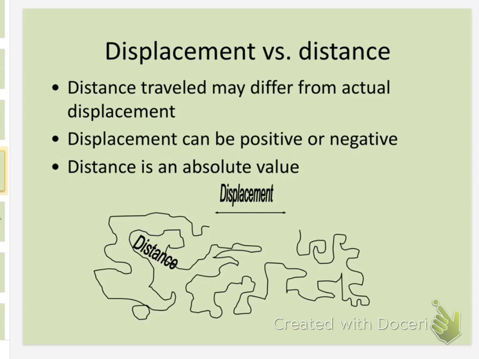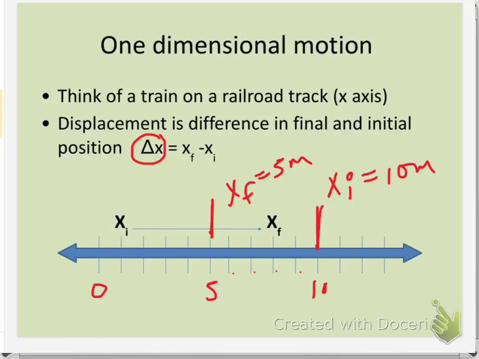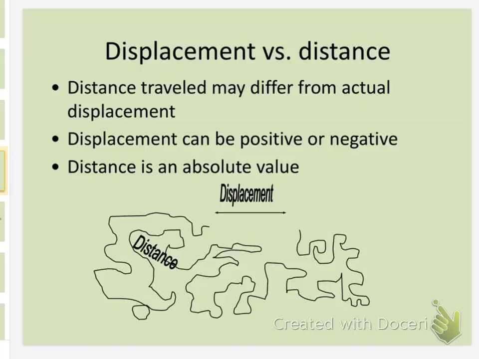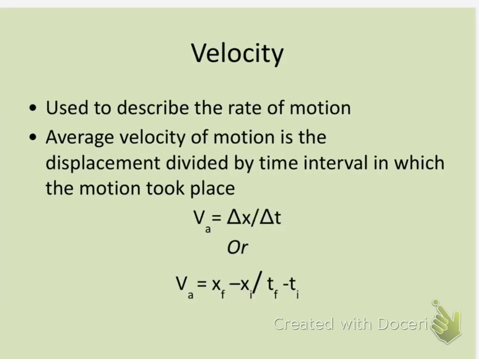We hinted at that in this slide, where delta x equals -5 meters. So with displacement, we have to be really careful with sign, because it depends on the difference in position: x final minus x initial. Sorry. So now we get to the first of the variables that we're going to use, and that's velocity.